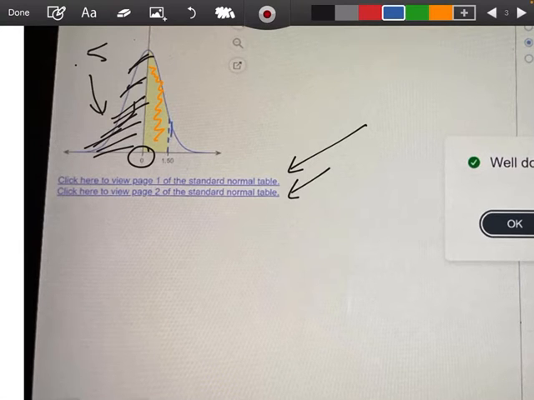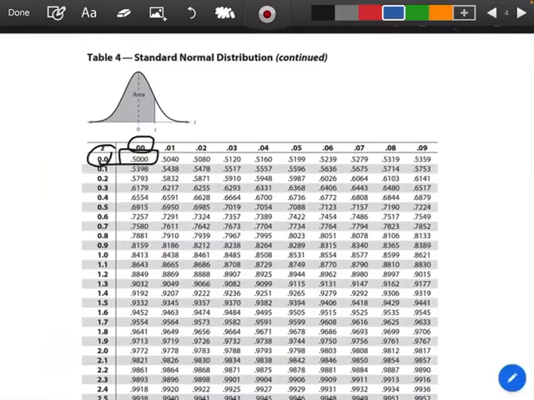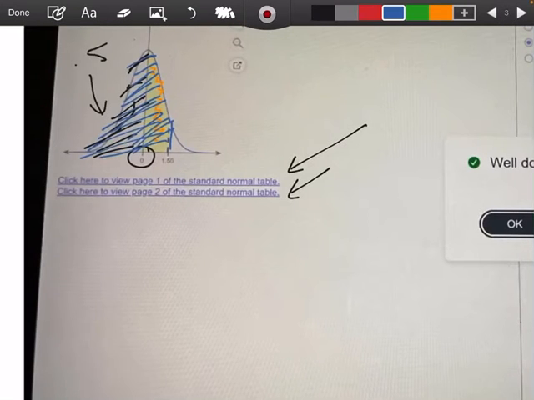Now, I want to find the area to the left of 1.50. But notice, look what I'm looking at now. I'm looking at all of that, right? So I'm going to come back to my table, 1.50. So 1.50 would be right here, 0.9332.